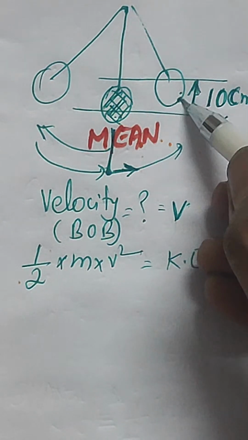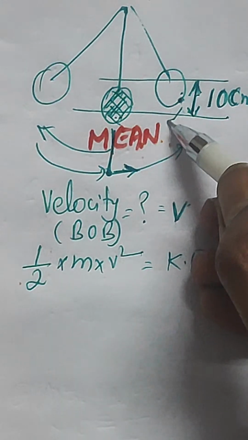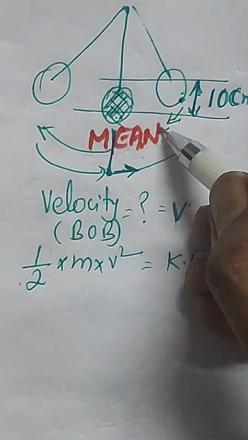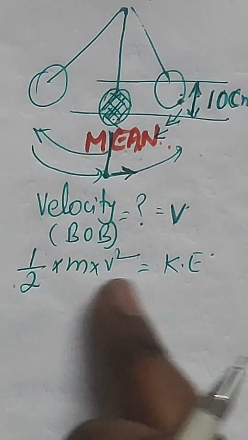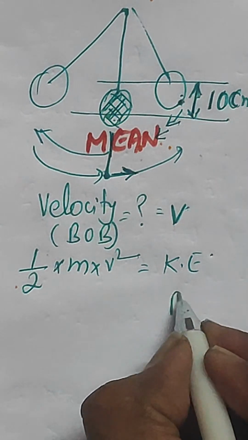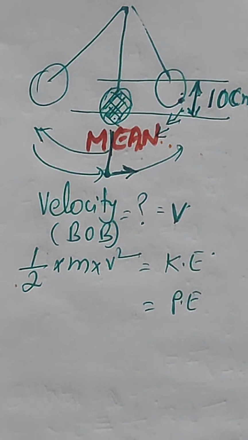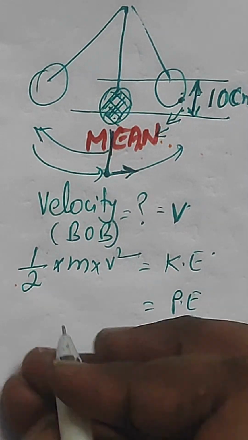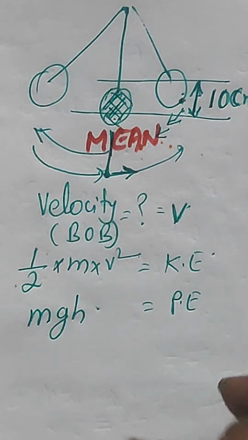It comes to rest, and after that it changes its direction and starts coming back towards the mean position, right? So we can say that the kinetic energy at this point is equal to the potential energy at this extreme point. What is the potential energy at the extreme point? It's mgh, right?